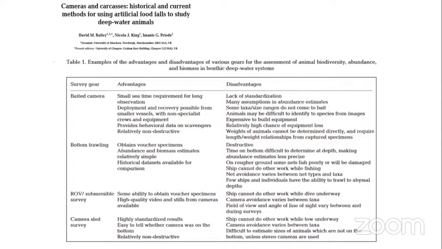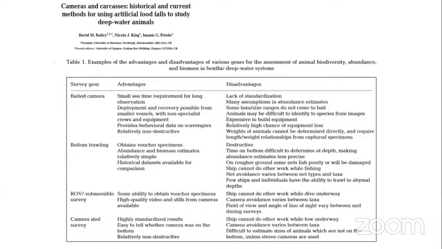This looks at the pros and cons of the different approaches. One of the main things bait cameras are really good for is that you can get a lot of data relatively quickly with quite simple infrastructure, without huge amounts of training of the staff necessary to get the gear in the water. They also tend to be non-destructive. They don't damage the seabed or other infrastructure on the seabed.